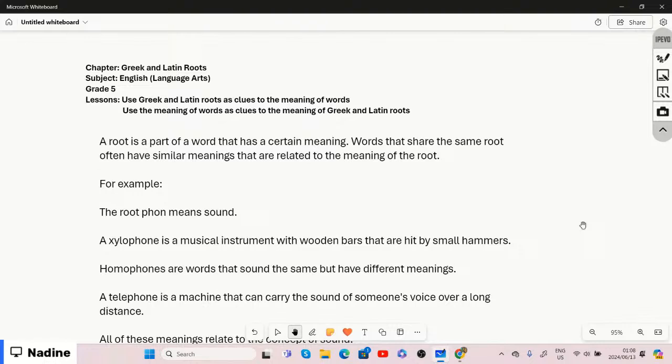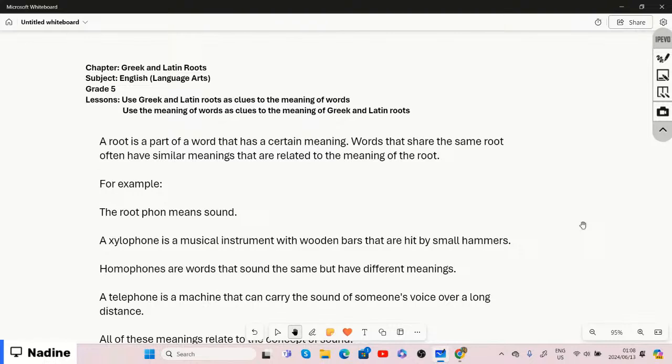All right, so we're doing Greek and Latin roots. A root is a part of a word that has a certain meaning. It's the same as doing prefixes and suffixes. A root word has a specific meaning, and once you add a prefix or a suffix to that word, it changes the meaning.